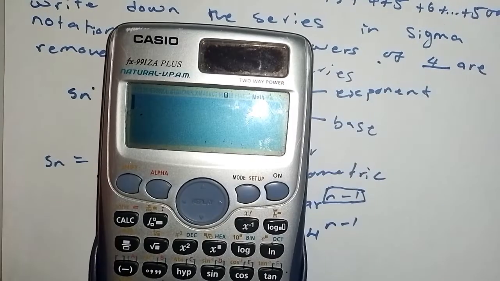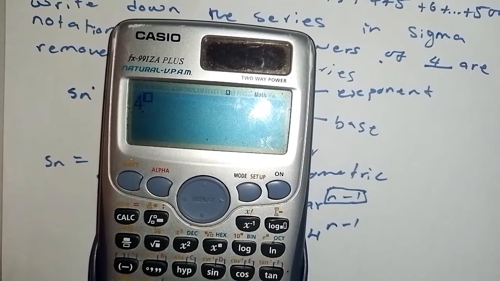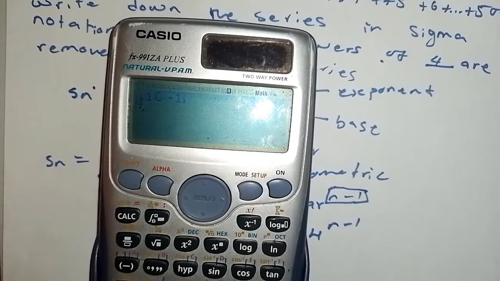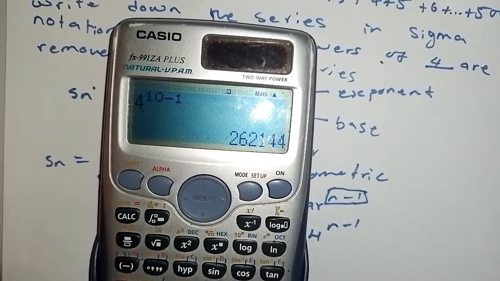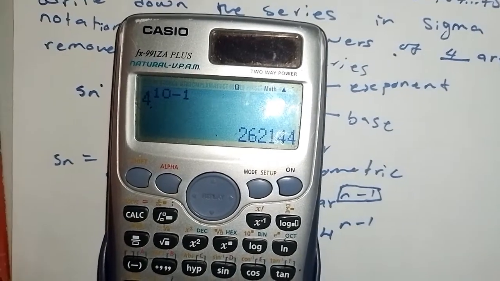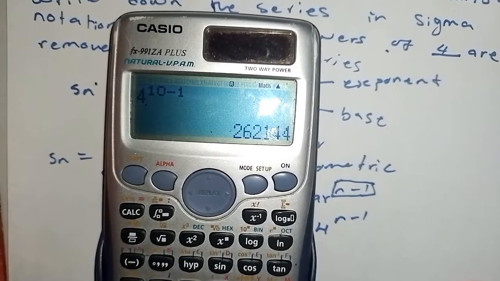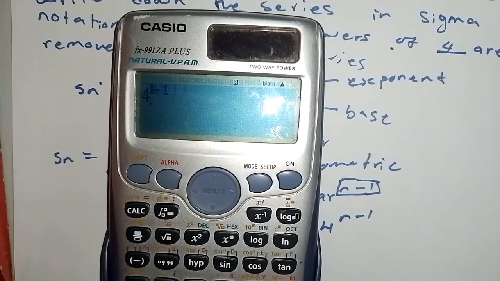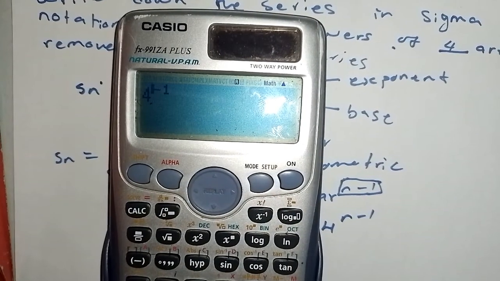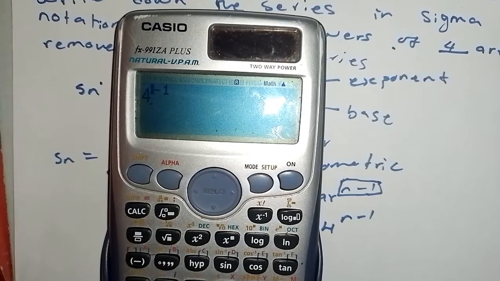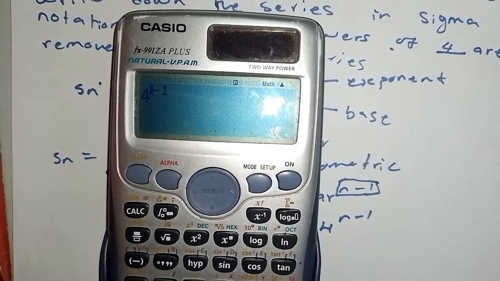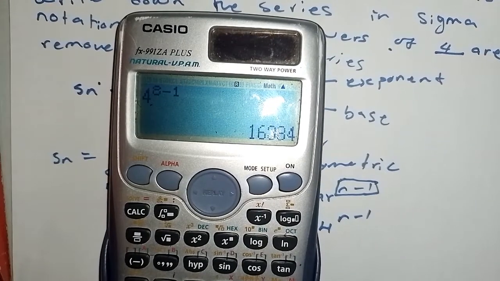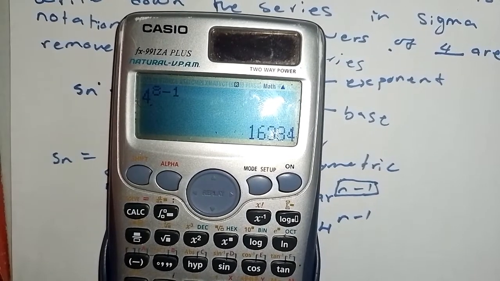Let's say 4 to the power 10 minus 1. It's too big. It's 262,144. Okay, let's go back and say probably 9 will be too big as well, if that gave me over 200,000. Let's take 8. Okay, it's giving me 16,384.